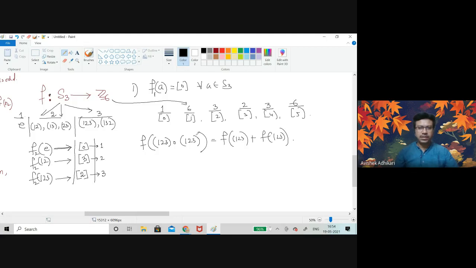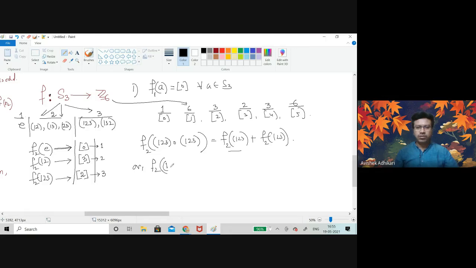If this is our homomorphism with respect to this f2, then f2 of (1 2 3) composition (1 2 3) equals, if this could be a homomorphism, then it will satisfy this property. What is this value? So 1 goes to 2 and 2 goes to 3.